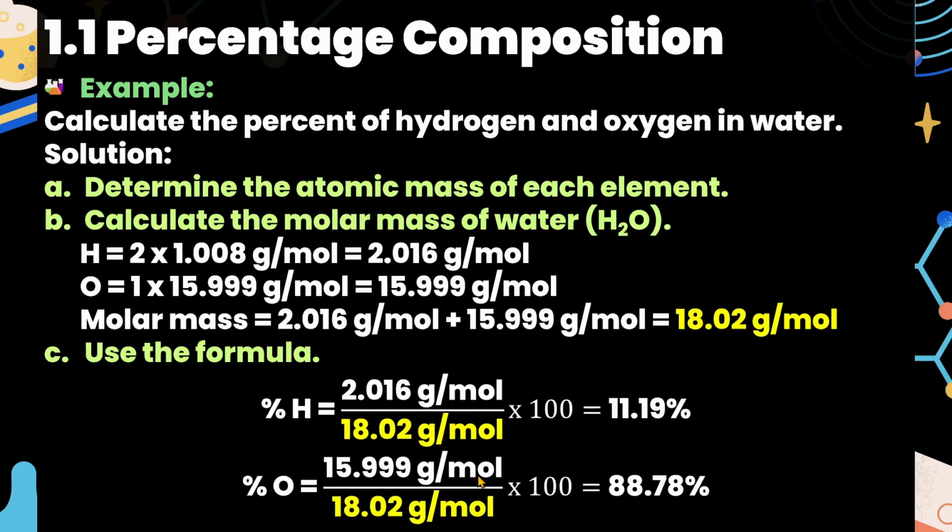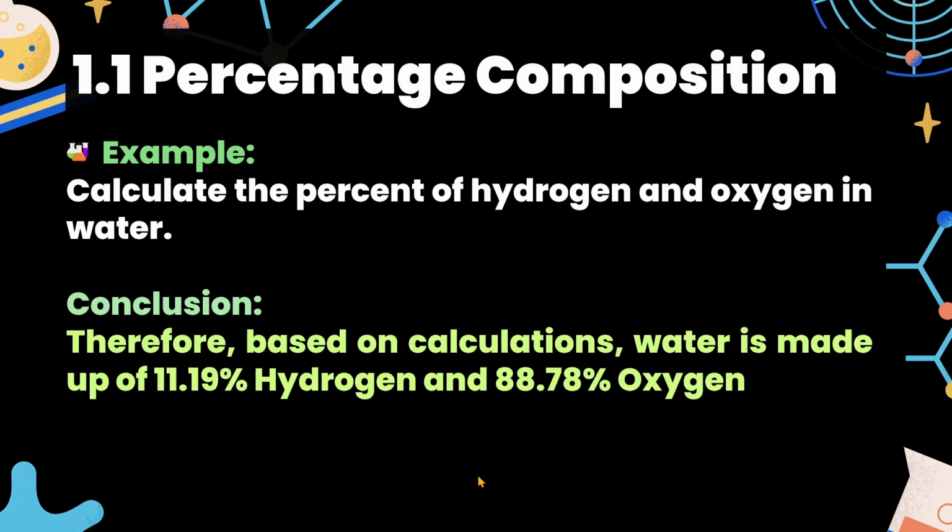For oxygen, 15.999 grams per mole divided by 18.02 grams per mole times 100, it will give you 88.78%. So therefore, our conclusion, based on the calculations, water is made up of 11.19% hydrogen and 88.78% of oxygen.